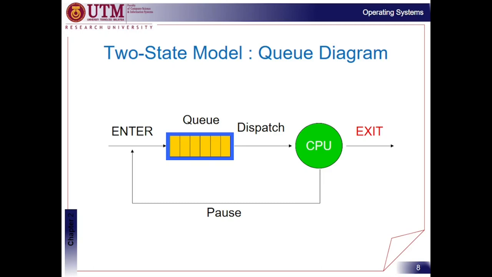The queue diagram helps us visualize how processes are managed by the operating system. It shows us how many processes are in the system, how long they have to wait in the queue, and how often they get to run on the CPU. It also shows us how the operating system can control the execution of processes by using operations such as the dispatch and the pause.